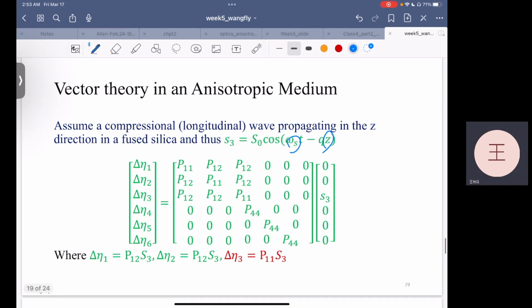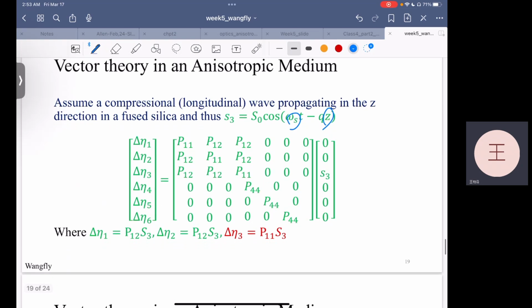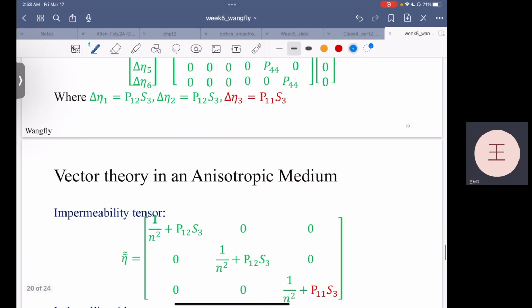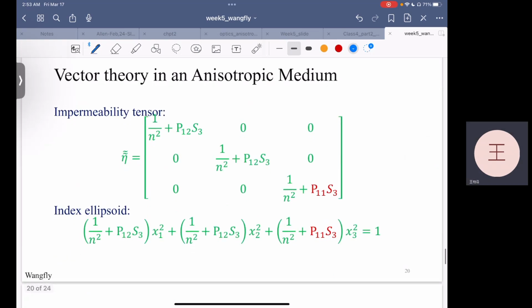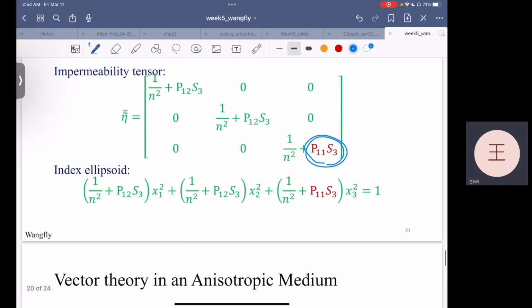We can thus have this kind of form for our eta tensor, actually just the delta eta. And thus, the impermeability tensor becomes this kind of form, where you may find that this is different from the others.